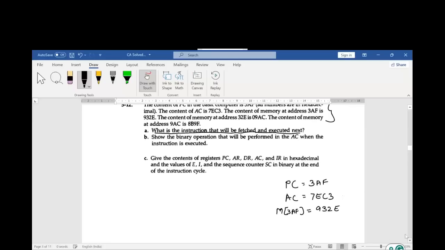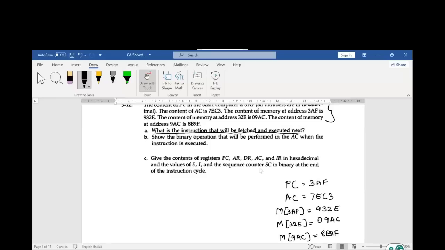The content of memory at address 32E, M of 32E, is equal to 09AC. Content of memory at address 9AC is equal to 8B9F. Now, what is the instruction that will be fetched and executed?